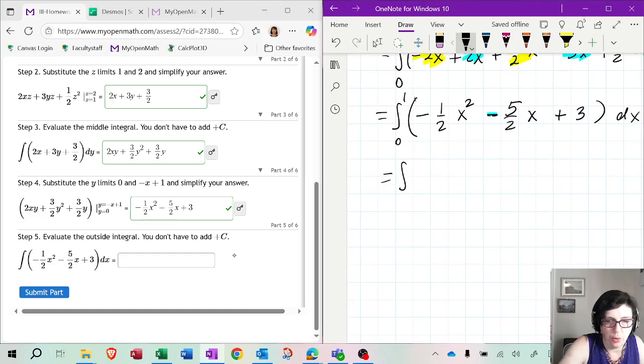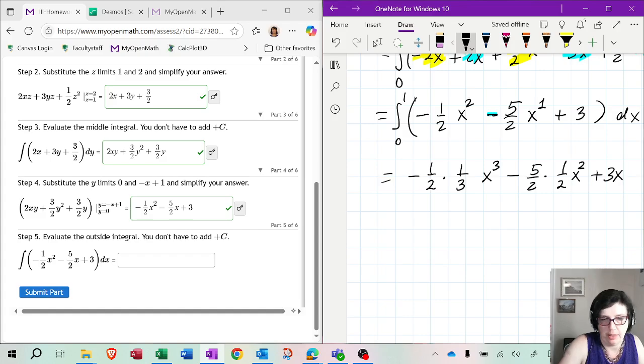Okay, so let's integrate. We just have to integrate this. So negative 1/2 x squared becomes x cubed, and 1/3 goes on the front, minus 5/2. This is x to the power 1, so that's 1/2 x to the power 2, plus 3x.